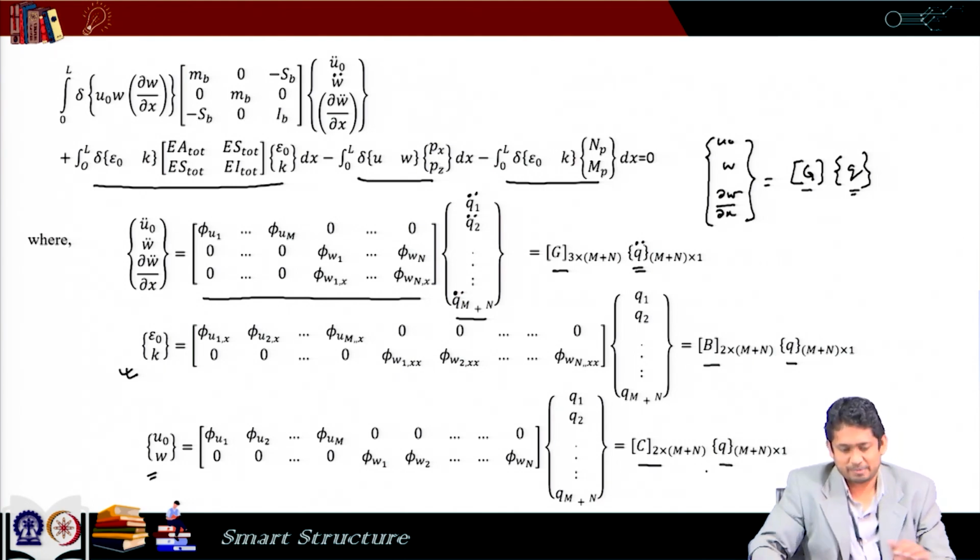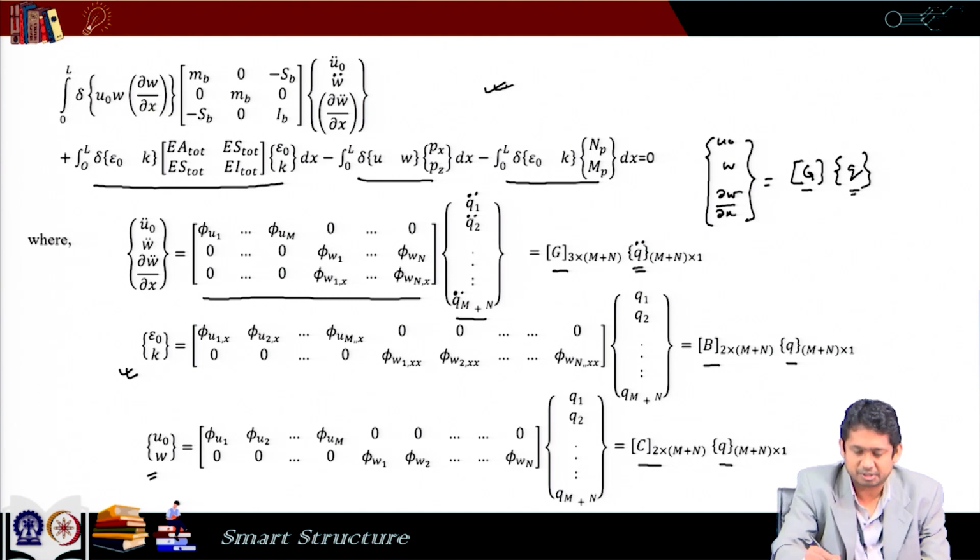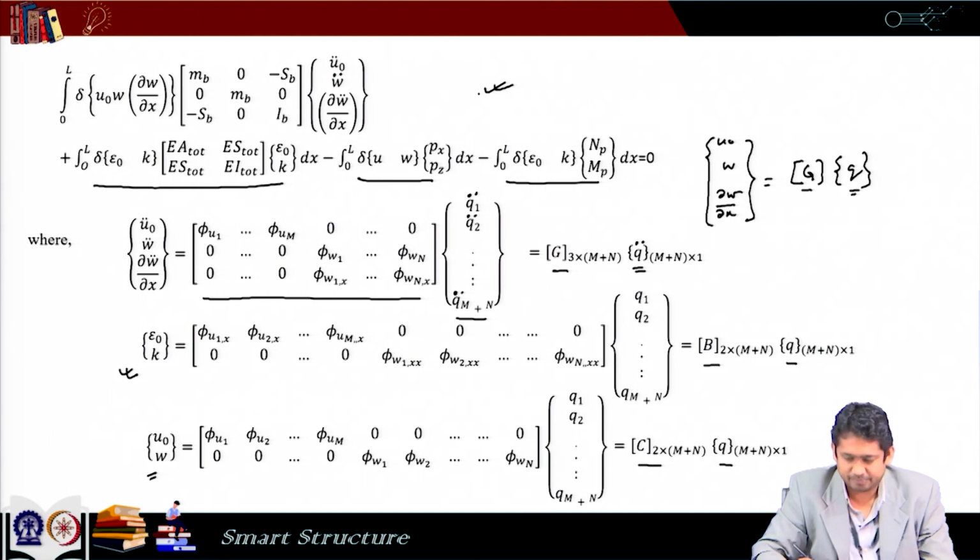Now, what we do is we put these expressions in this expression. We put all these approximations in this expression, and from there we get the solutions.